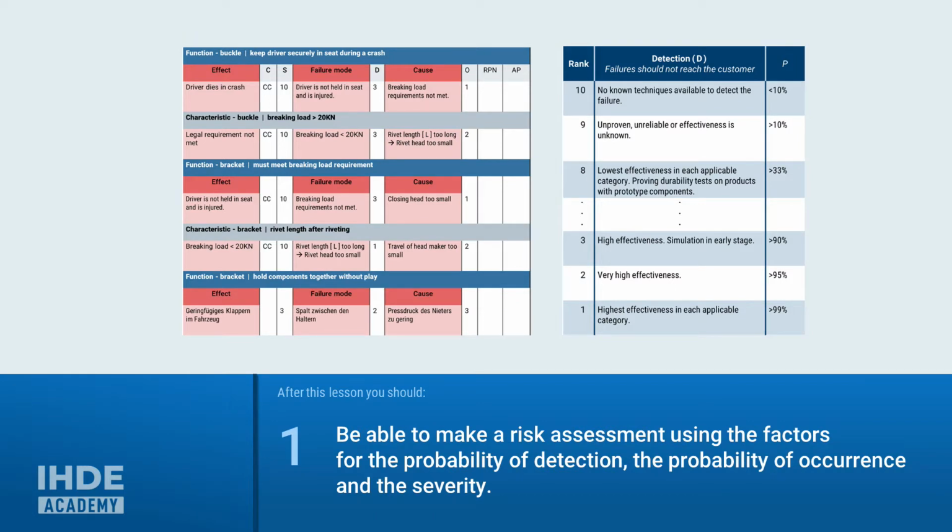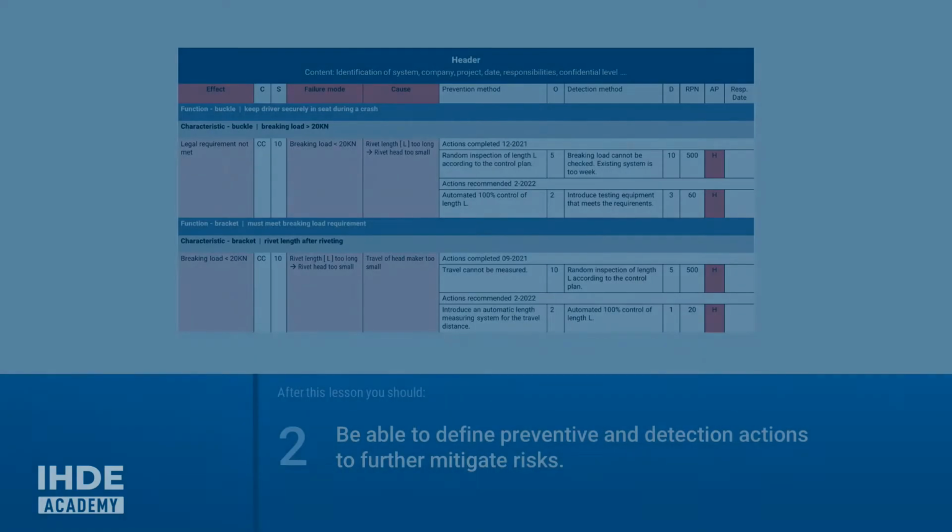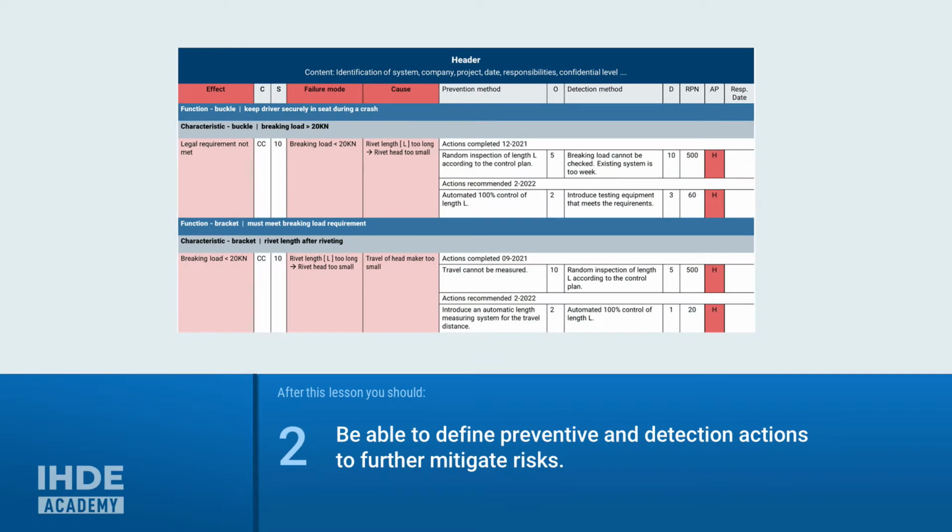At the end, you should be able to carry out a risk assessment. Among other things, you will learn how to rank the severity of failures and the probability to detect them, or the occurrence. You should further be able to define appropriate prevention and detection methods to further minimize risks.